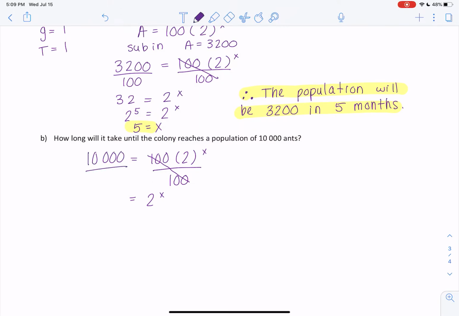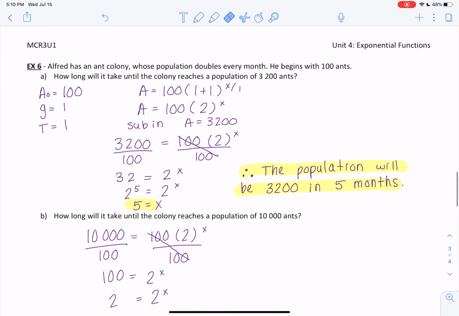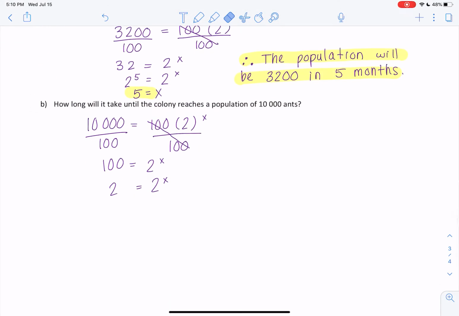And then we'll divide that by 100, and we're left with 100. So there isn't a particularly easy way to do this. You're basically just going to have to guess and check to figure out what goes in this blank right here. So my suggestion to you is to just start finding powers of 2.